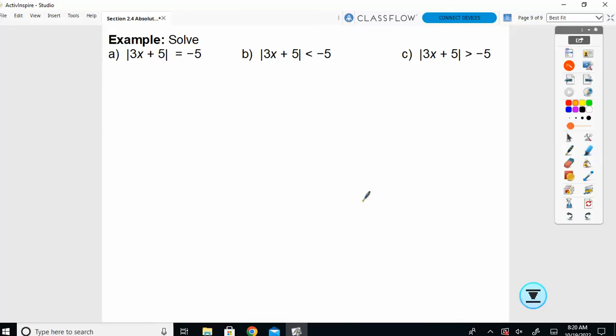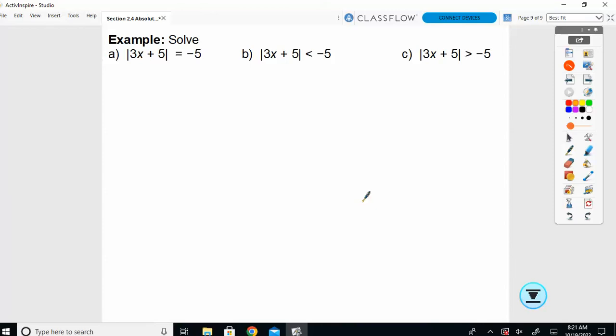Last thing I want to look at. Why? Because the absolute value can't equal a negative.